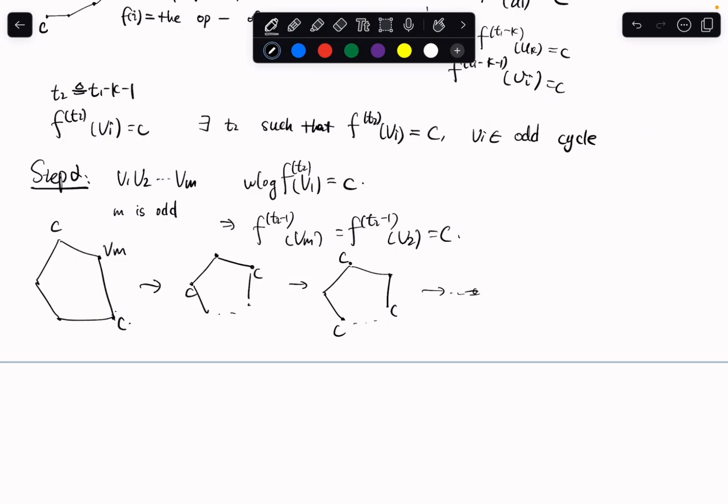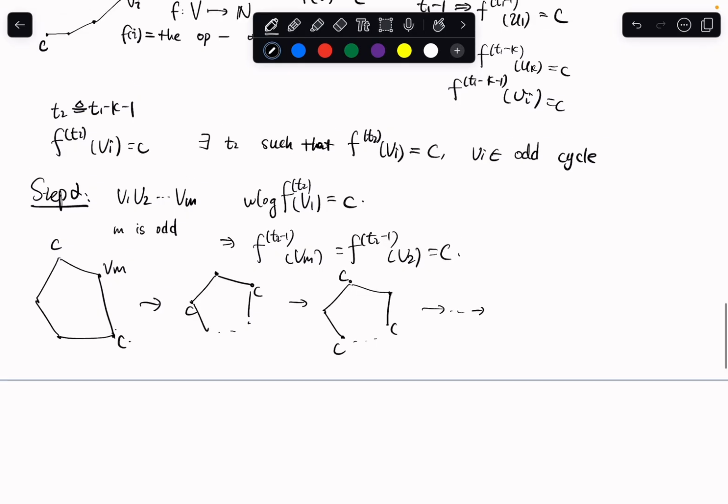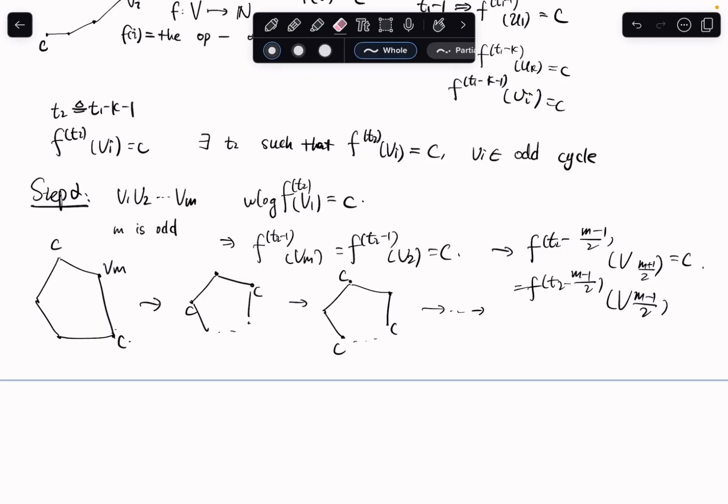And after some time we have that there will be f_t2 minus half, well, i minus 1 v, well, 1 plus half m plus 1 equals c, and f equals f_t2 minus half minus 1 v half m minus 1 equals c are the same.